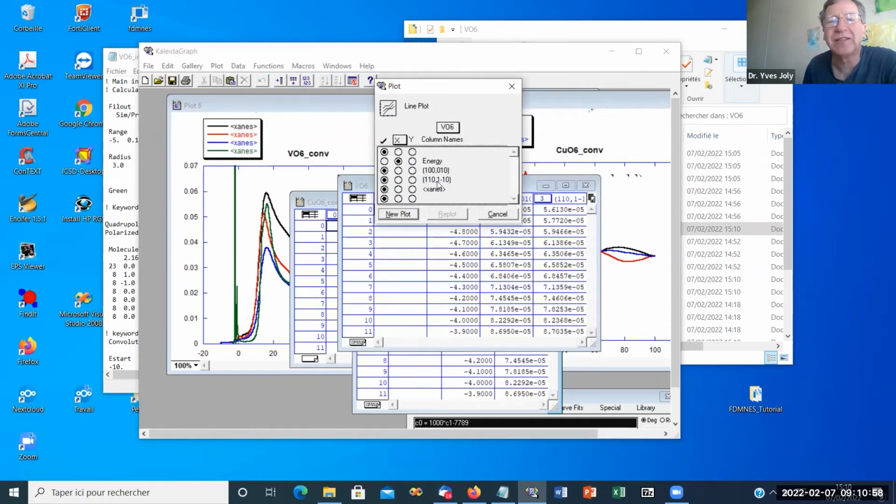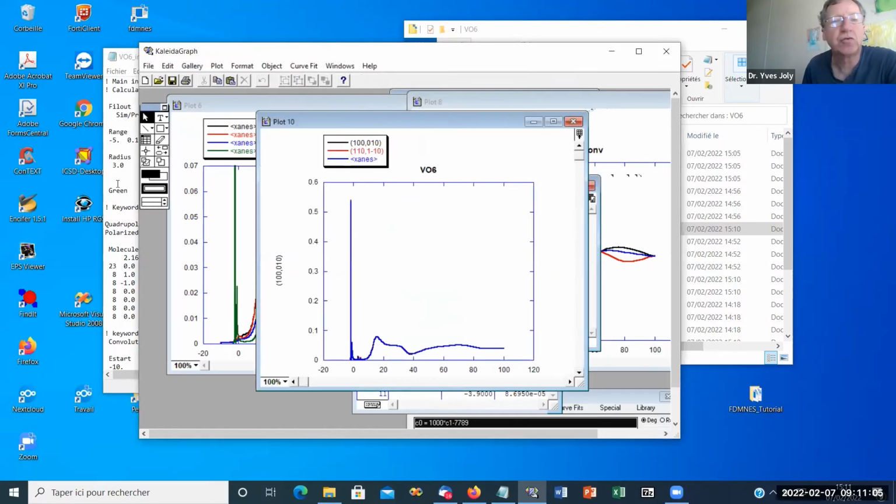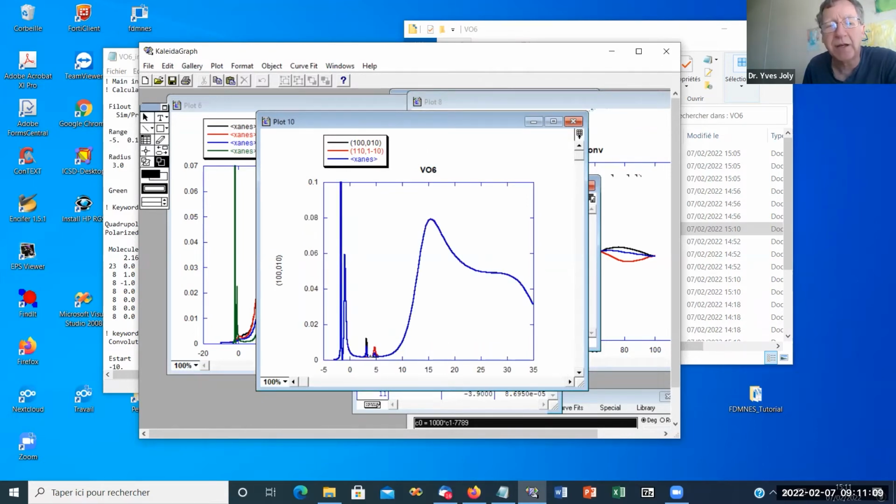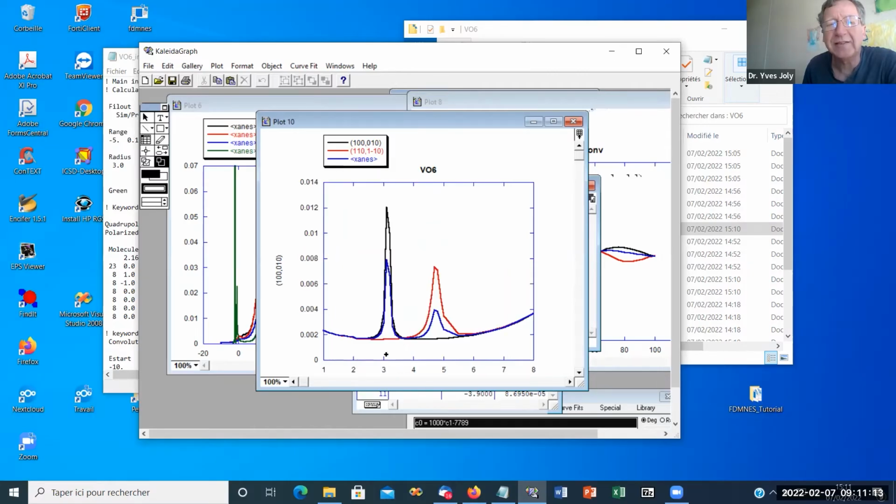It's the same way that we have calculated. And you have also the average with the convenient weight. So it's the same result as before, in fact, or nearly the same, because the average is what you get when you don't write the keyword polarized.